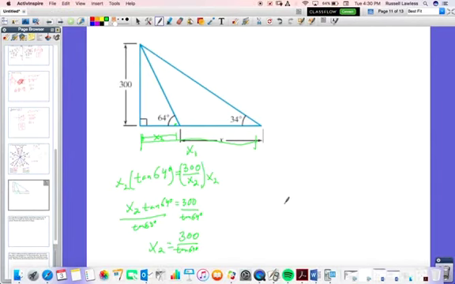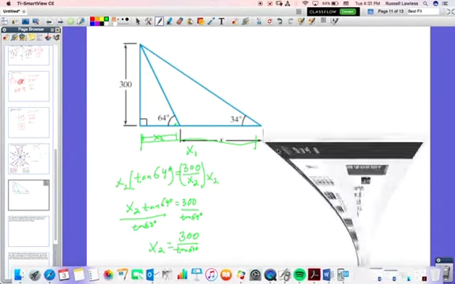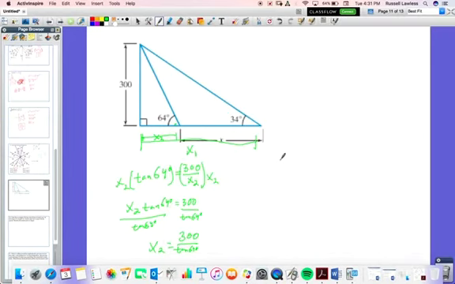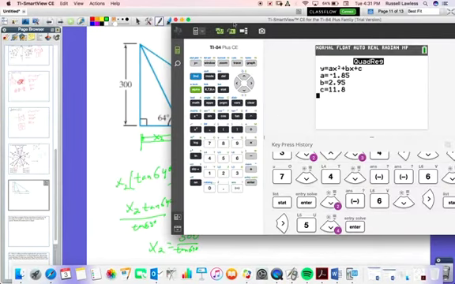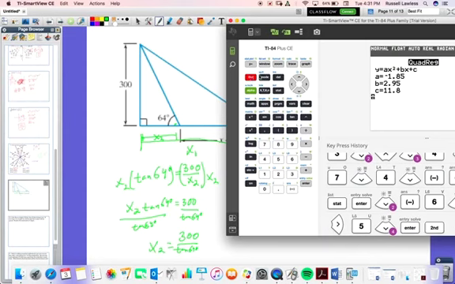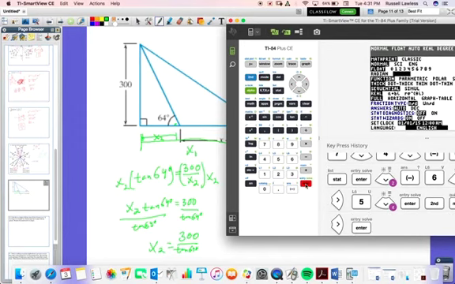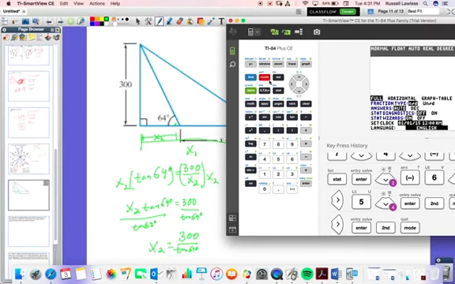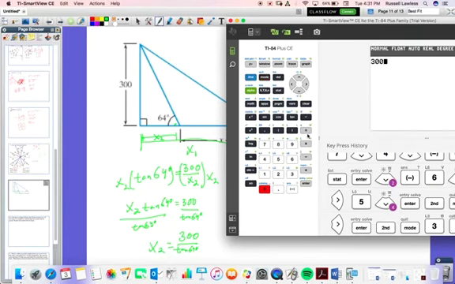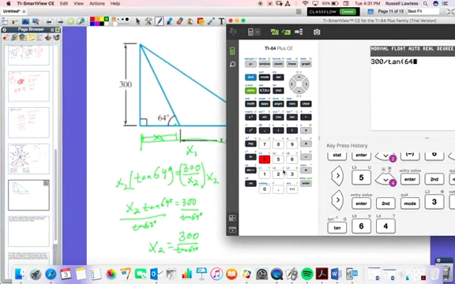Now if I pull out my calculator here, I'm going to clear, I think you can see my screen. Make sure in mode, you see how I'm in radian mode? I need to change that into degree mode. Once I'm in degree mode, I'm good. So then I can do 300 divided by the tangent of 64.